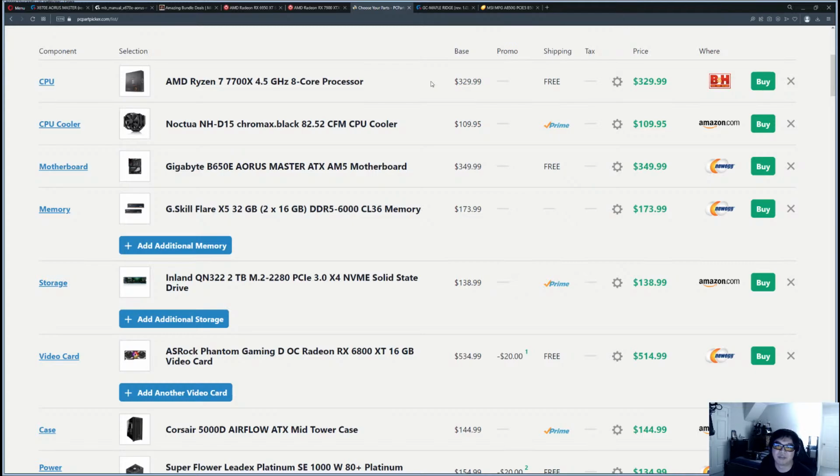LGA 2011 socket, X79 and then X99 later on. But that was kind of the pinnacle back then. 6-core, 12-thread was the pinnacle for streaming. And what is a 6-core today? Well, that would be a Ryzen 5 7600X, the cheapest offering.